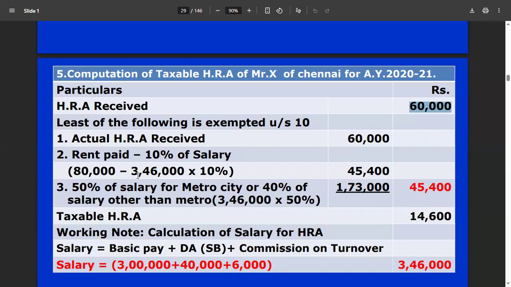So when I calculate the HRA, I find actual HRA received minus exemption allowed, that is 45,400. The taxable HRA will be 14,600. So I will show the numerical again and the answer again. Please read the answer and numerical so that it will be clear to you. If not clear, I will re-explain.